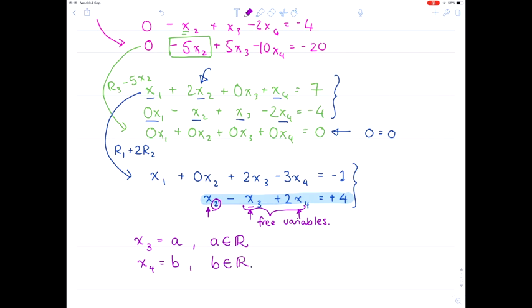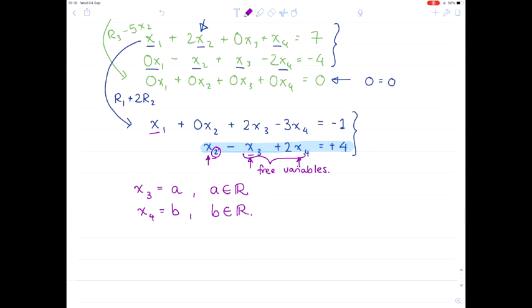And then notice we can also write x1 in terms of a and b. So with this we have x1 plus 2a minus 3b is equal to minus 1, and x2 minus a plus 2b is equal to 4.